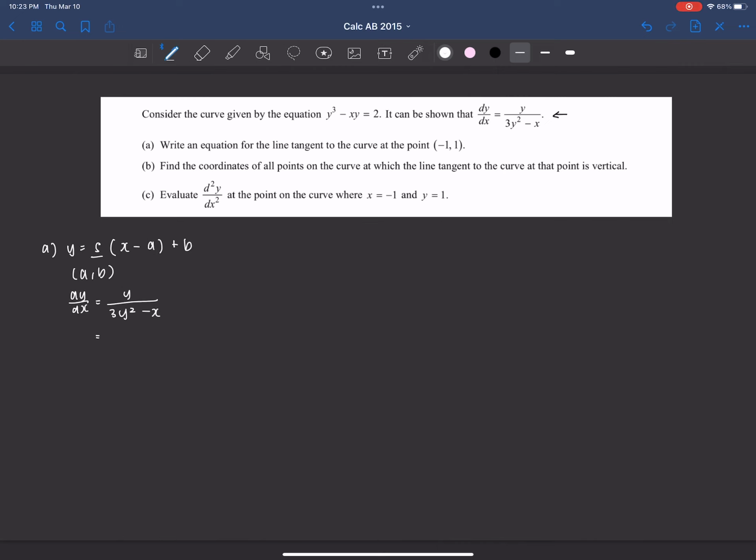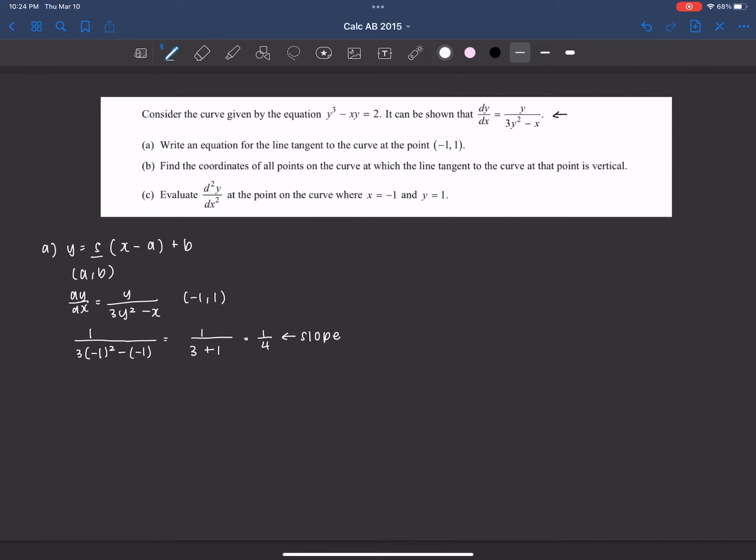So we're just going to plug in (-1, 1), and that's going to give us 1 over 3 times (-1) squared minus 1. Wait, that is 1 over 3 plus 1, which equals 1/4. And this is going to be our slope.